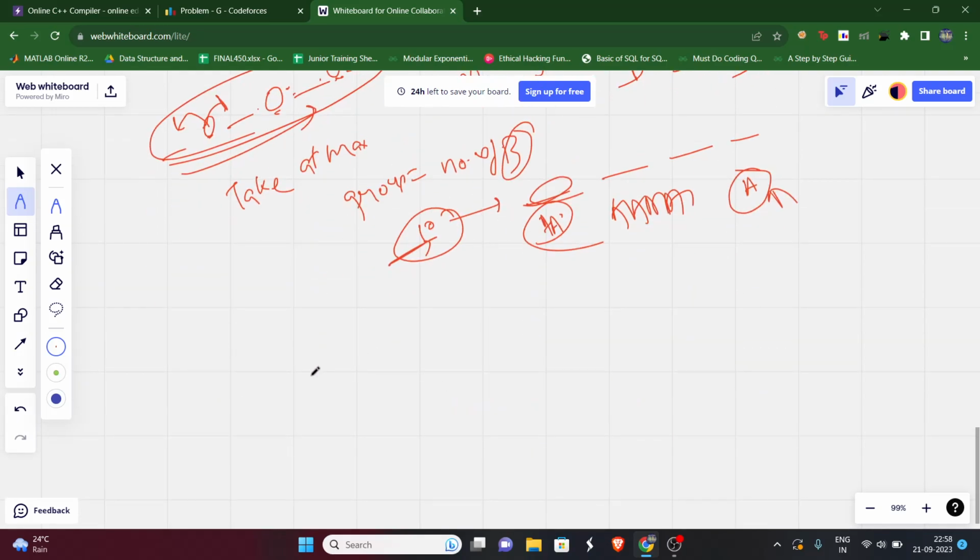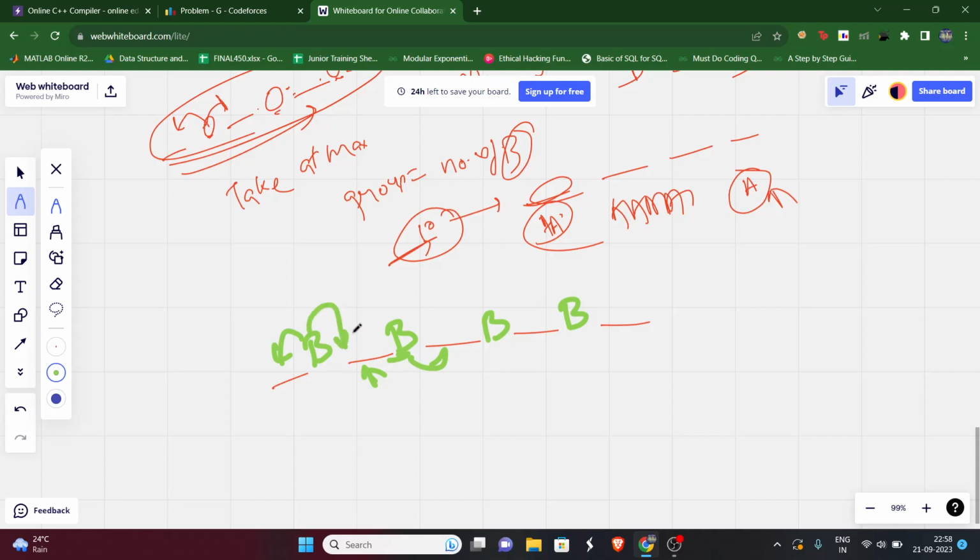Okay, just listen carefully to what I am saying. Let's say these are represented as groups of A, and here is B. Here also it's a B, and B will only occur in single form, or single character. So I can take this one. For this one also I can either take this one or take this one.